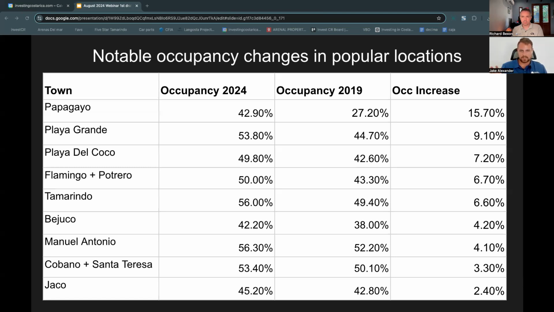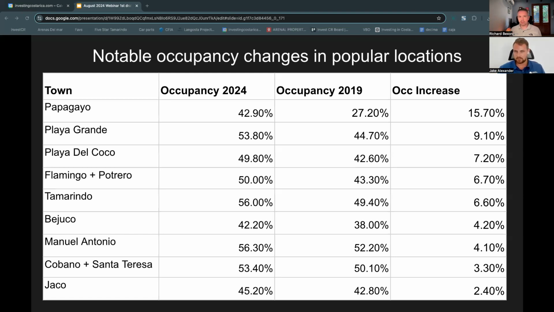Maybe those areas are seeing some saturation, or the new supply maybe isn't attracting new occupancy proportional to demand. So if you are looking to invest in one of those areas, it's important that you really set yourself apart from what else is already out there.